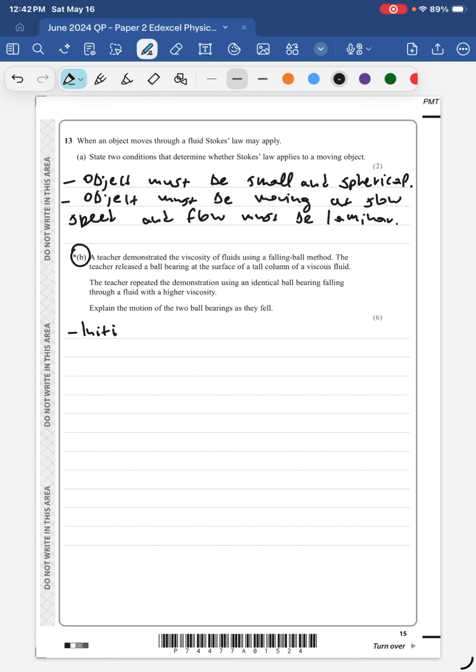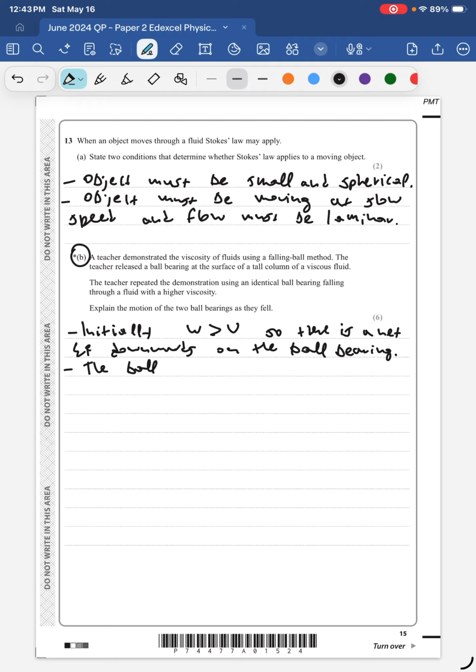Initially, weight is larger than upthrust, so there is a net total force downwards on the ball bearing. Second point, the ball bearing thus accelerates down due to that total force.